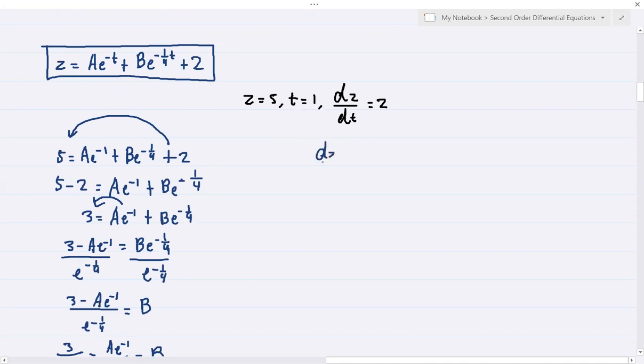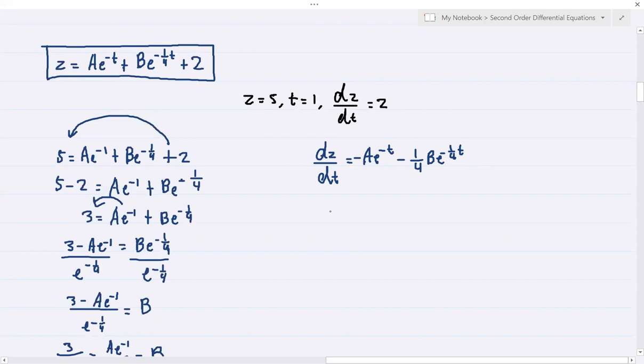So we will have dz all over dt is equal to -a e raised to -t minus 1/4 of b times e raised to -1/4 t plus 0 because your 2 here is a constant term. So the derivative of a constant term is just 0.